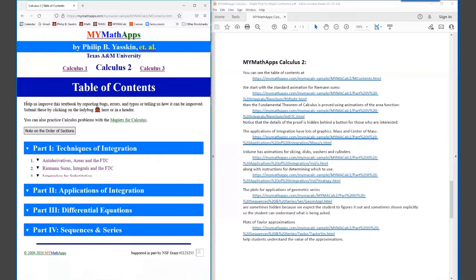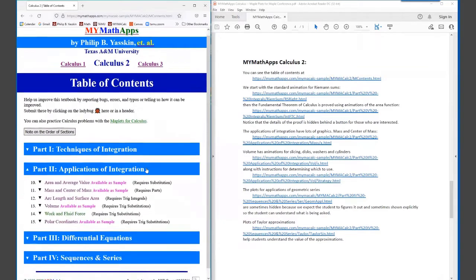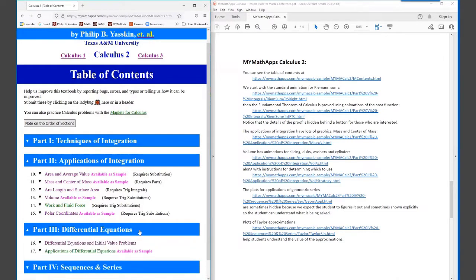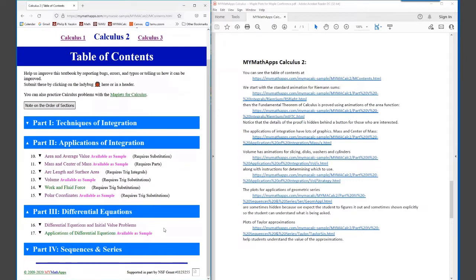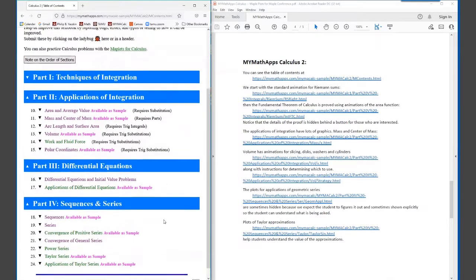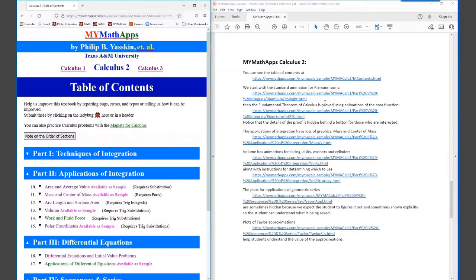Then we come to applications of integration: area, average value, mass, center of mass, arc length, surface area, volume, work, and fluid force, and polar coordinates. There are many animations. Then there is an introduction to differential equations as an application of integration, followed by sequences and series. Let's take a look at the animations.